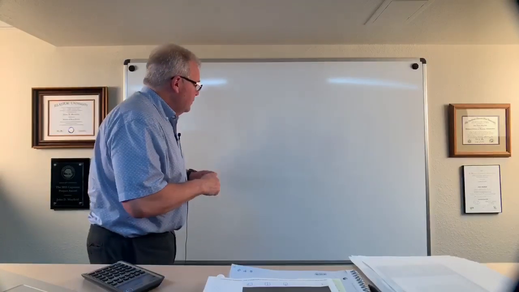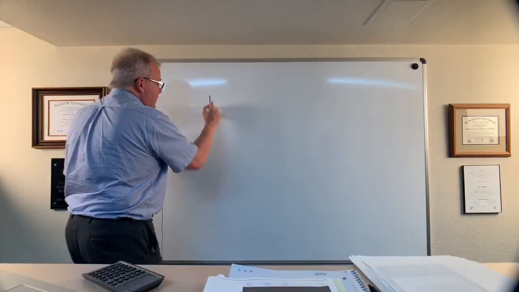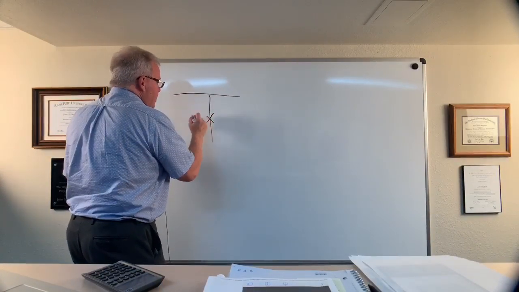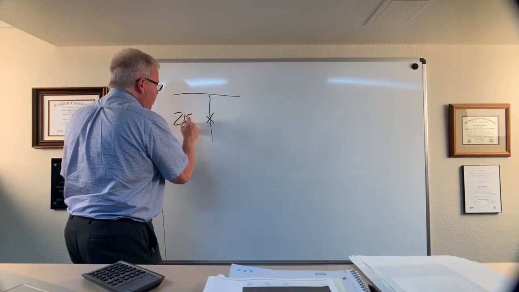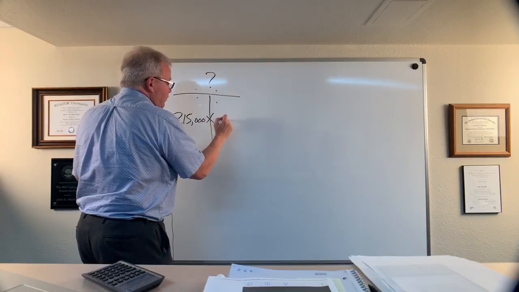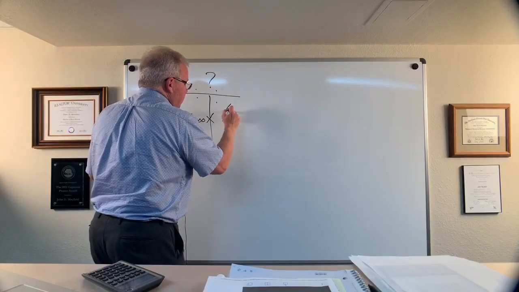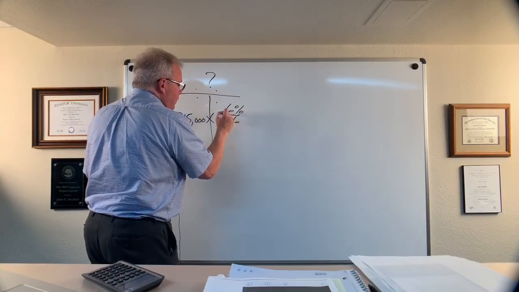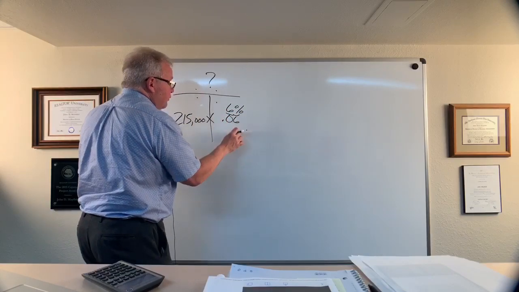Well, a couple of things. It says that there's a 6% commission and it's sold for $215,000, okay? So sold for $215,000, that's the bigger number. We're solving for commission and it's 6%. Remember, with 6%, we move our decimal over 2 places, so it's 0.06.